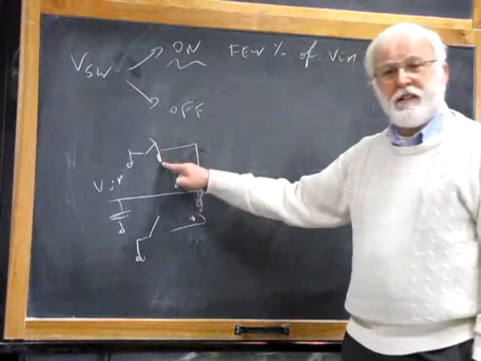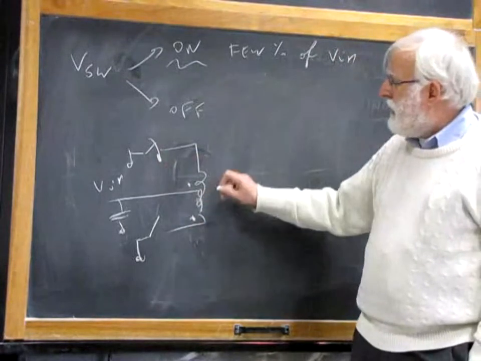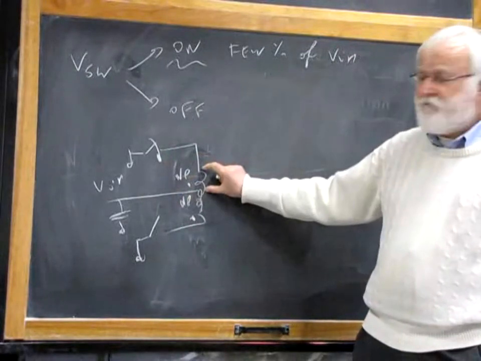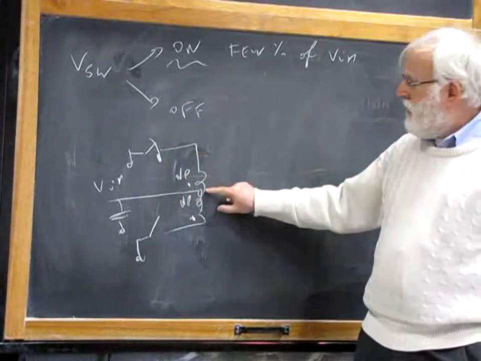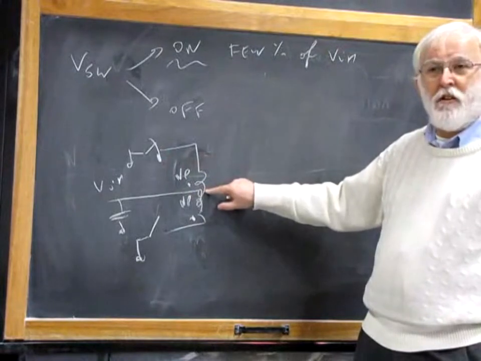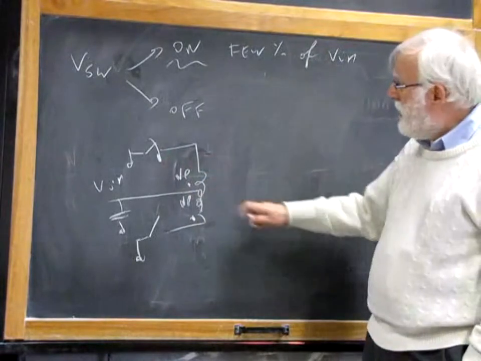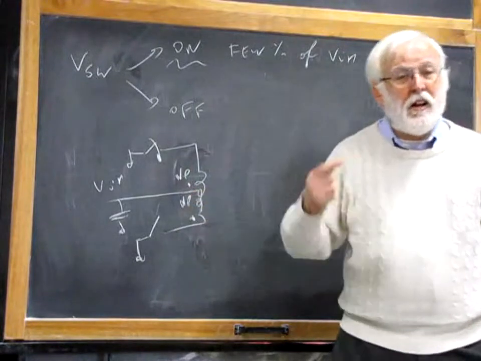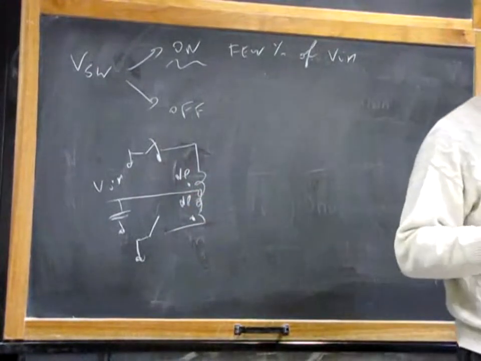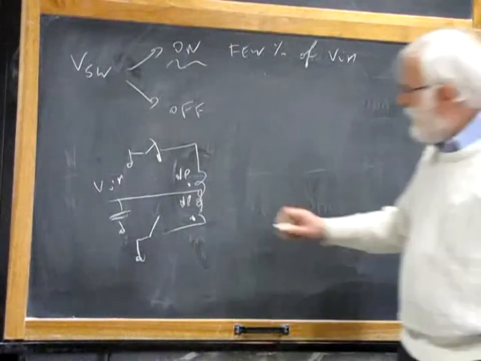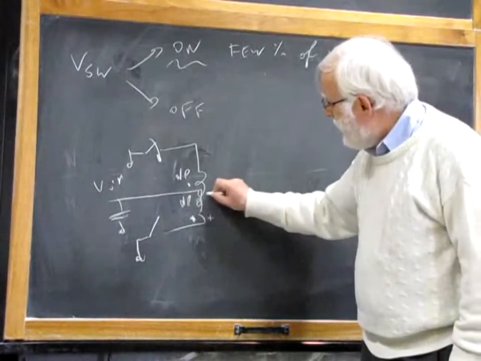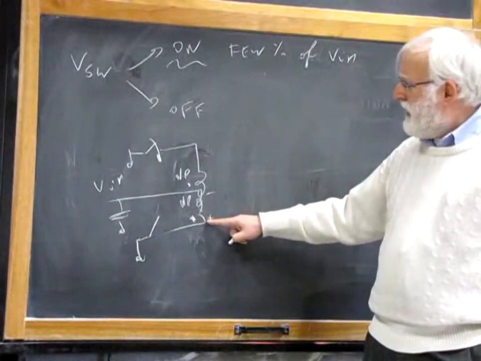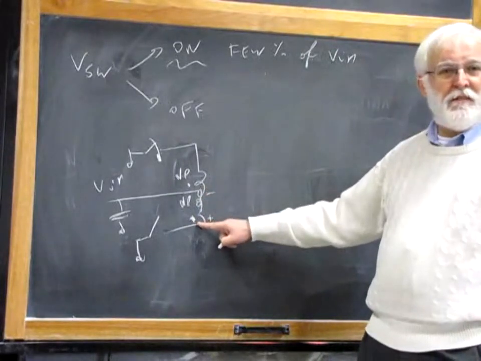When you close this switch, you apply a positive voltage on this half winding or this primary section with the positive on dot. It means that all other windings will have positive on dot as well. And here we will have a voltage across this unused primary winding with a positive on dot.